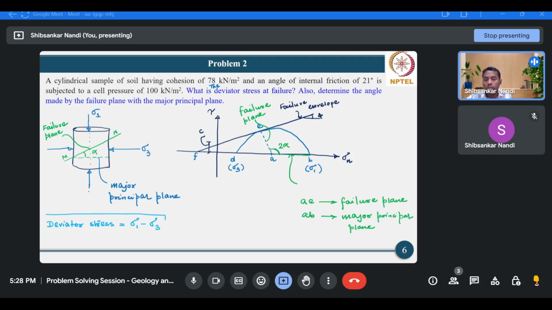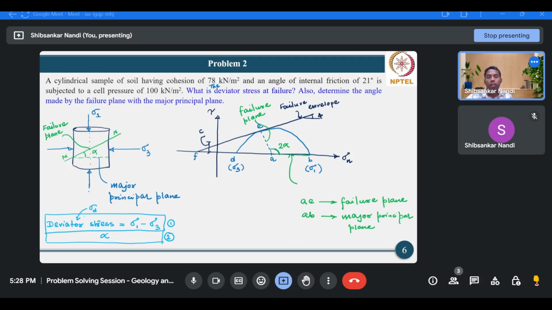This is the first objective of this problem, and secondly we have to determine the value of alpha. This is the second objective of this problem. You can denote the deviator stress by sigma d.